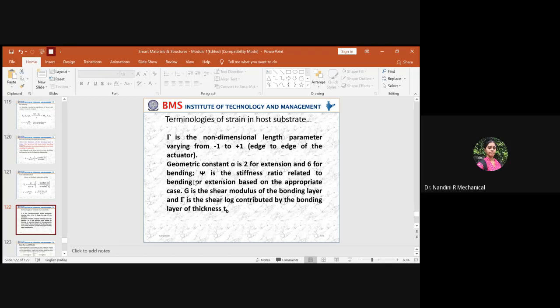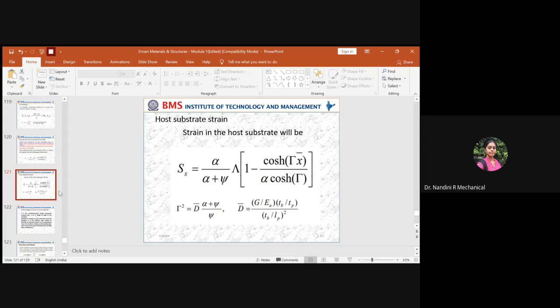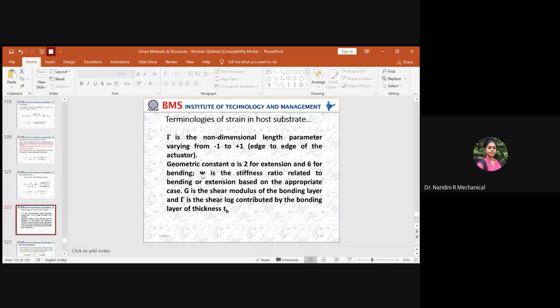So depending upon whether the piezo patch is going towards extension or towards bending, you have to substitute the value of alpha as either 2 or 6. And I told you chi is the stiffness ratio. You will get the stiffness ratio related to bending or extension, and with respect to different cases it will be different.